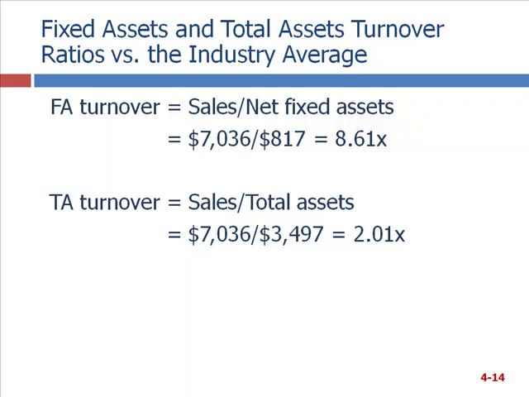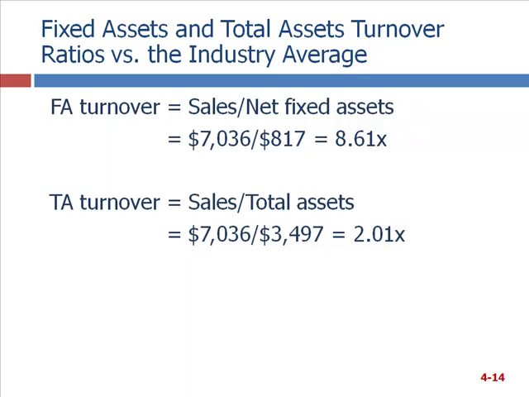With fixed asset turnover, we look at our level of sales compared to our level of net fixed assets from the balance sheet. And we do that because, well, it's impossible to know for sure exactly what the fixed assets are without more detailed information, but they are probably used in the overall process of generating products and generating sales for the firm.